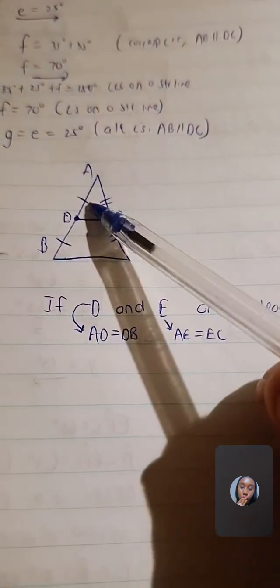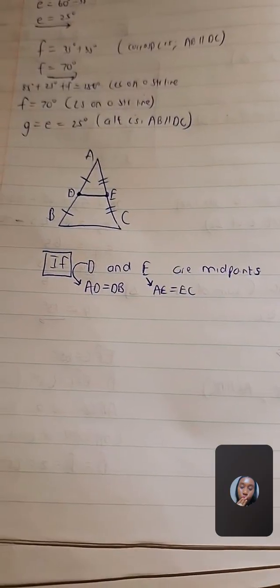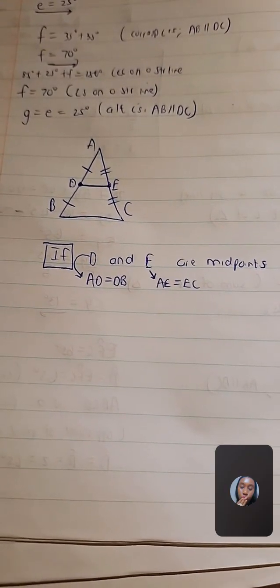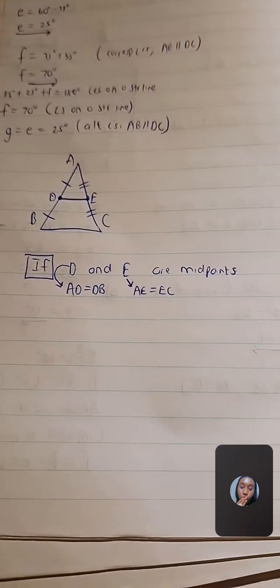So if AD is equal to DB, sorry, and AE is equal to EC, right? So this is the if part. All right, imagine if I said to you, if you are honest and you are beautiful, right?